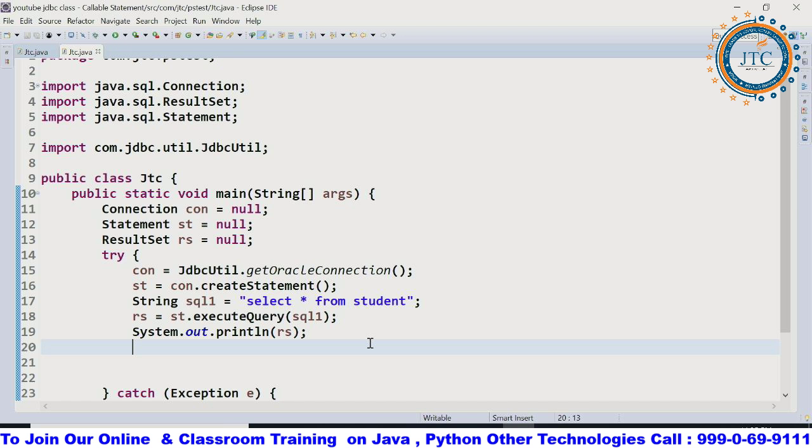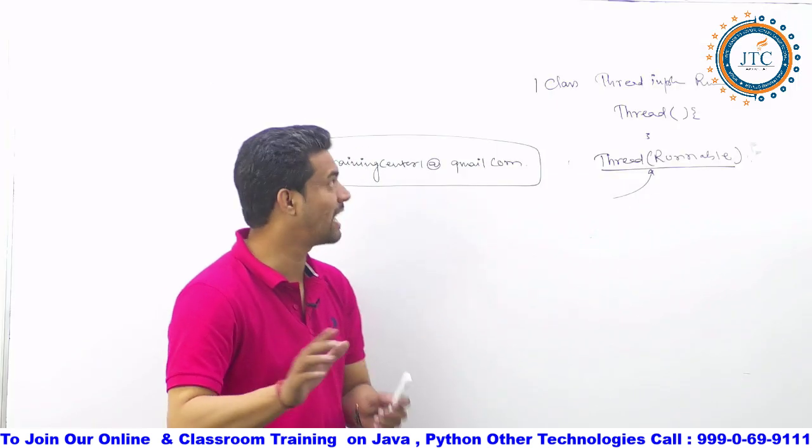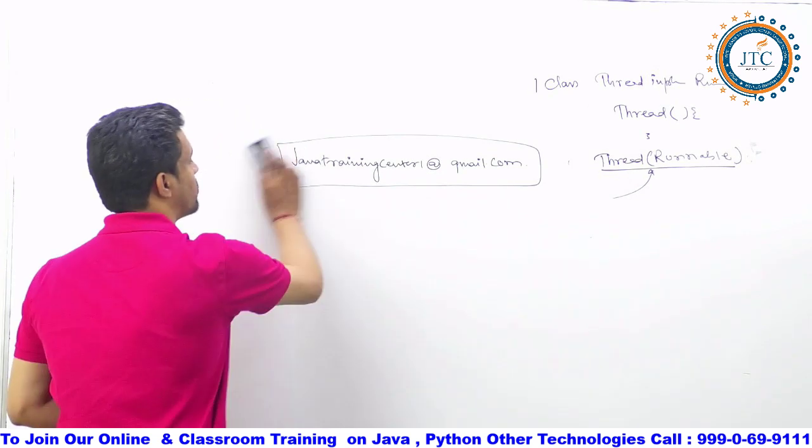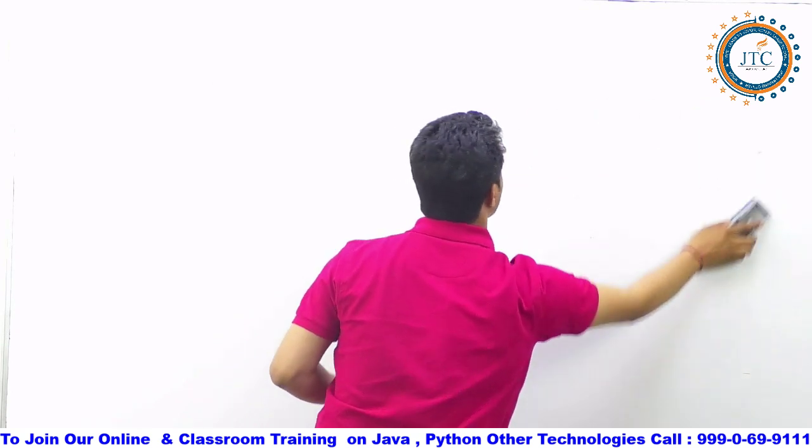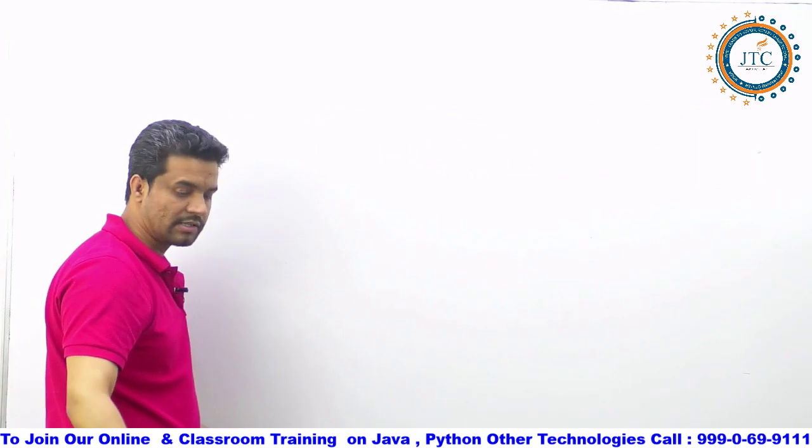When fetching records from the database, there are majorly two types, or two forms, in which we can fetch the ResultSet.